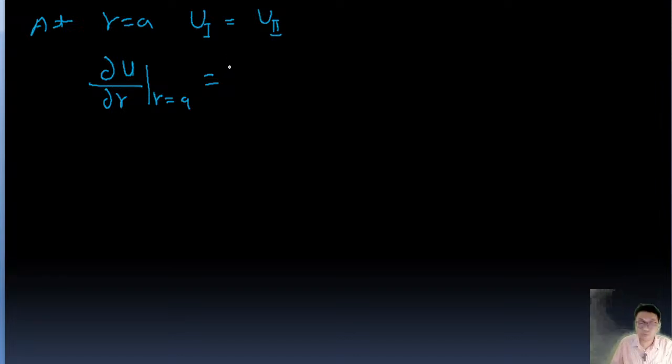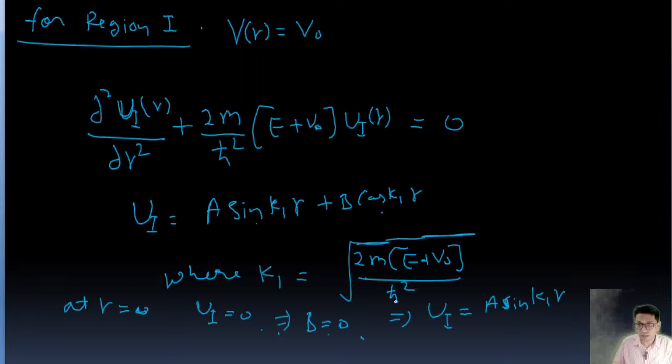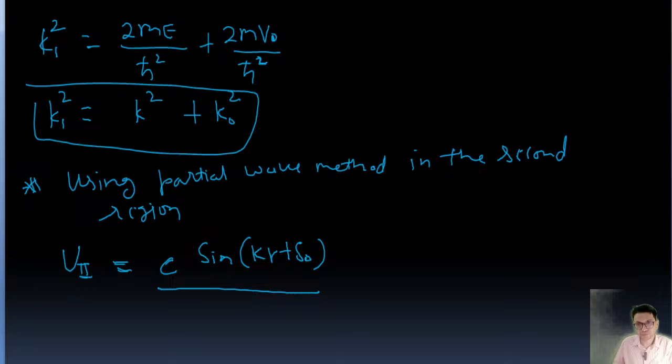So del u first upon del r equals del u second upon del r at r equal to a. These are the boundary conditions. So now first we'll find this u1 and u2.